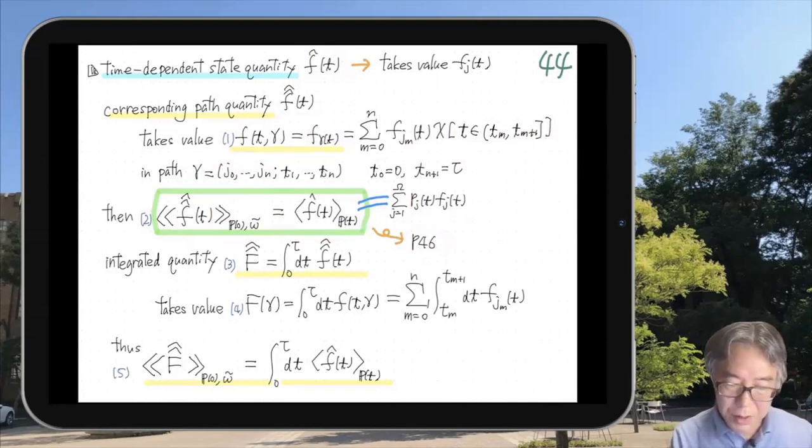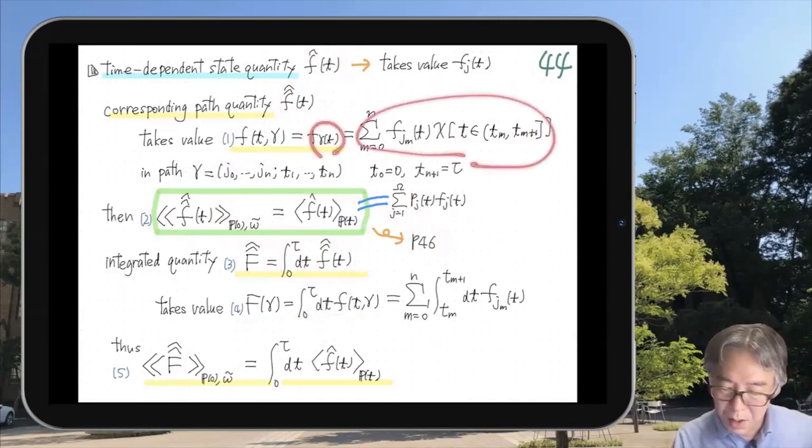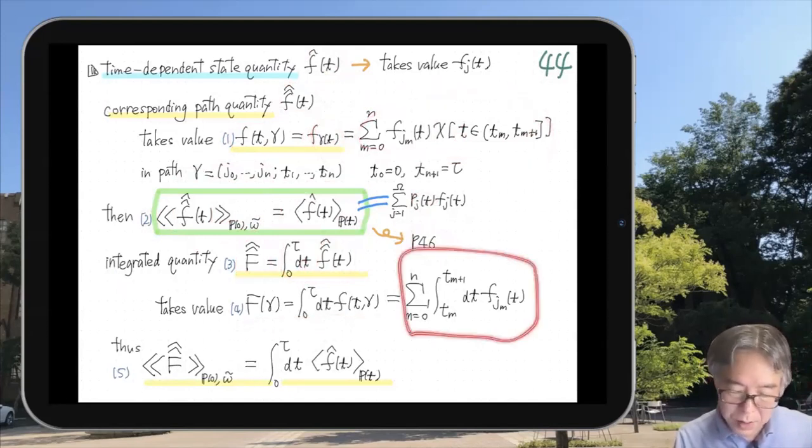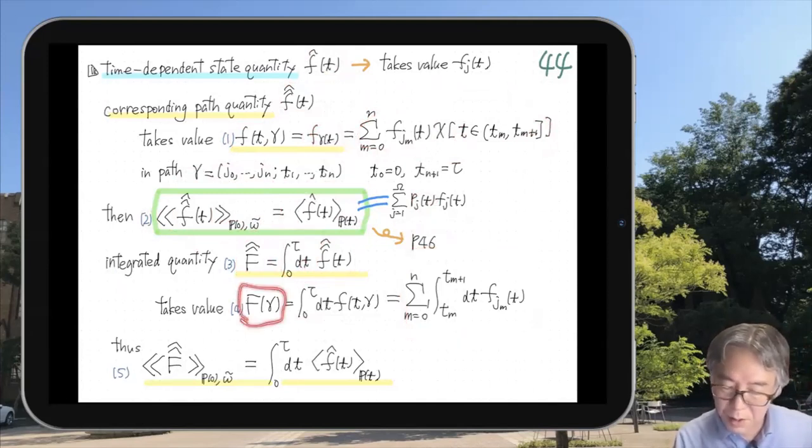More important is this uppercase F double hat. It's an integrated quantity. You integrate this lowercase f double hat t over the whole time interval to get this total quantity. This is a path quantity, and it takes the value given by this. If you recall this, you find that this f gamma is given by this.